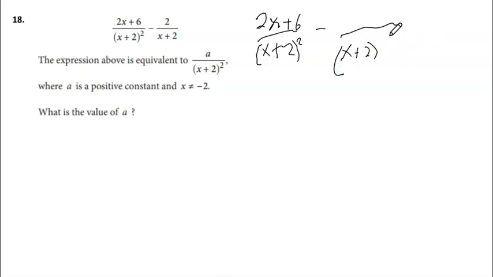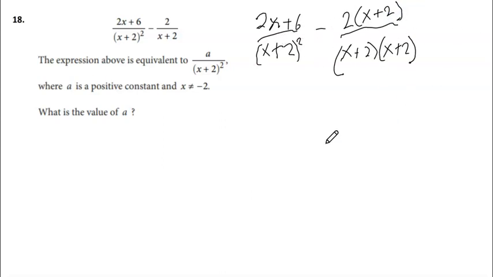I put it in brackets because I'm going to square it just for visibility, right? And then on the top, I already had 2. I multiplied by x plus 2, right? This 2 is the same as this, right?